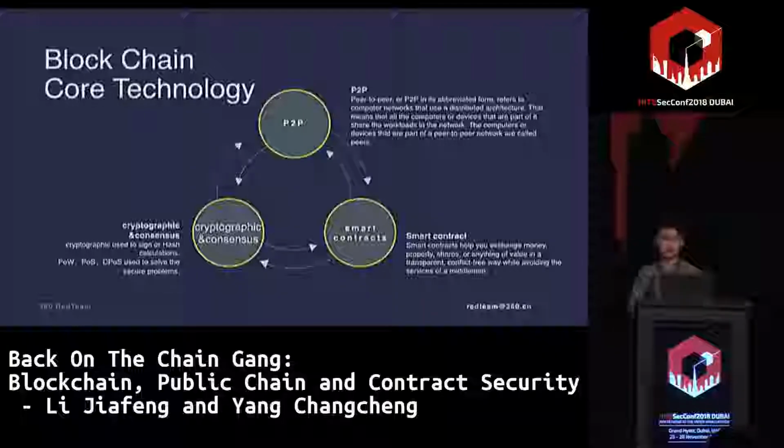For example, the P2P. If you are using some download tools, for example, you need to download some file from an American server. Usually the tool will use a P2P dynamic network.